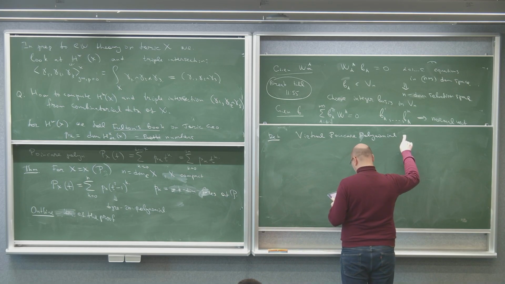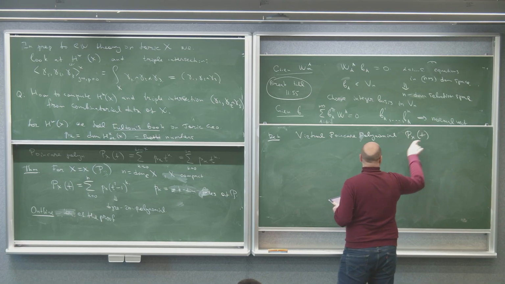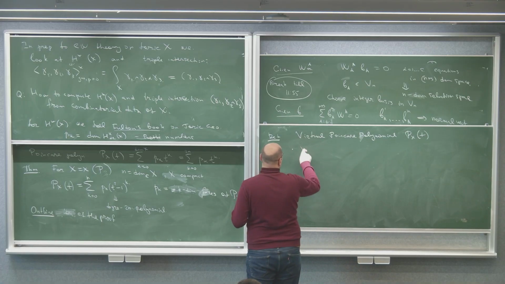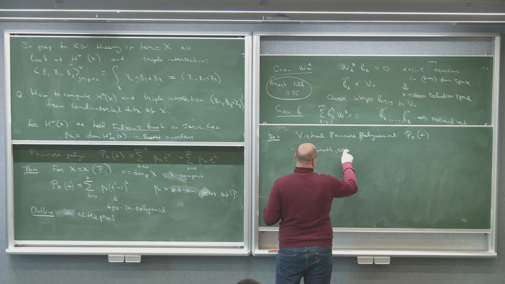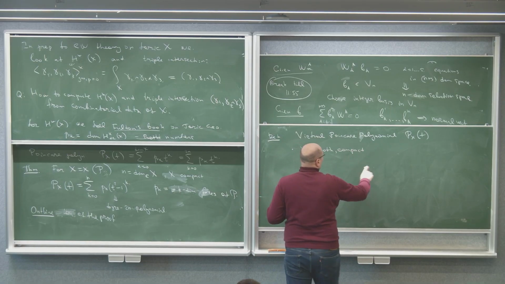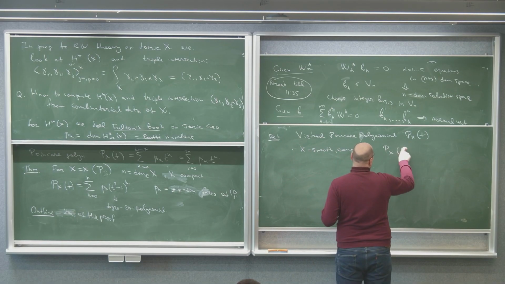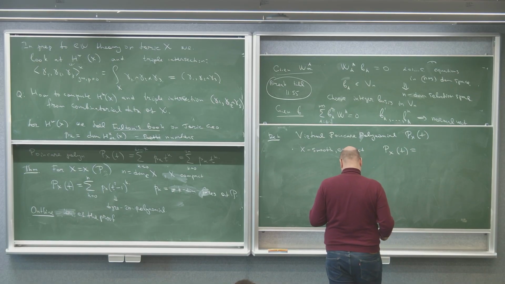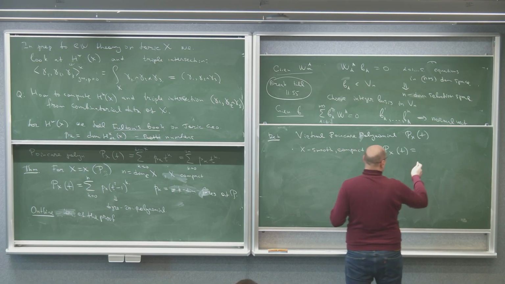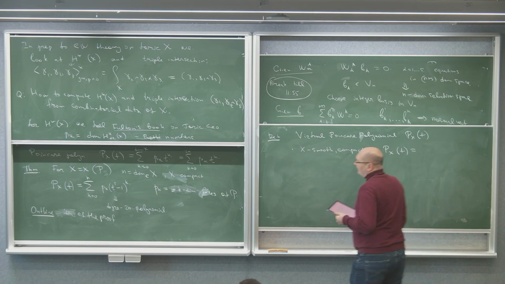He still calls it P_X(t), and if X is smooth and compact, then this P_X(t) equals the usual Poincare polynomial.